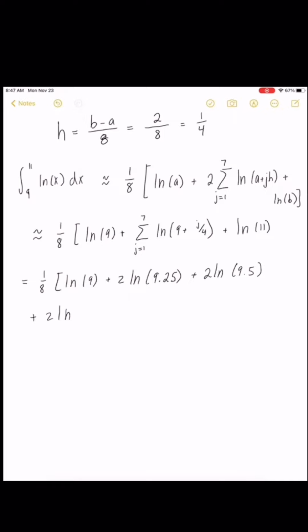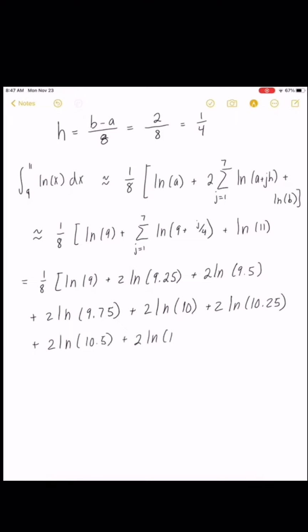So instead of keeping track of the number of terms and thinking too much, we're just going to keep adding 2 ln of 10 plus 2 ln of 10.25 plus 2 ln of 10.5 plus 2 ln of 10.75. And then I know I'm done here because the next one is going to be ln of 11, which is b, so ln of 11.